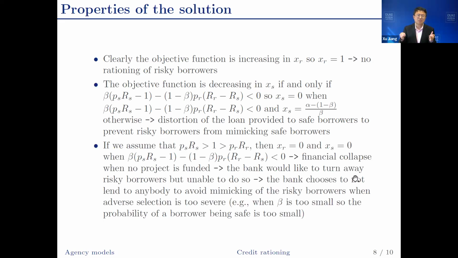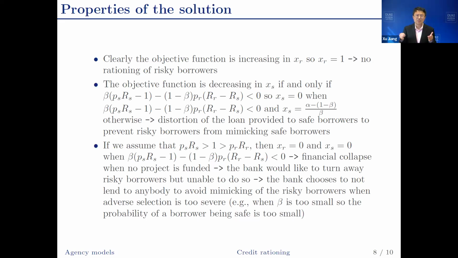In the second type of model, if we assume that the safe borrowers have positive NPV, but the risky borrowers have negative NPV, and if we assume that beta is sufficiently small, then we're going to have an equilibrium: XR equals 0 and XS equals 0. The bank is not offering funding to any borrowers. There's a complete financial collapse.